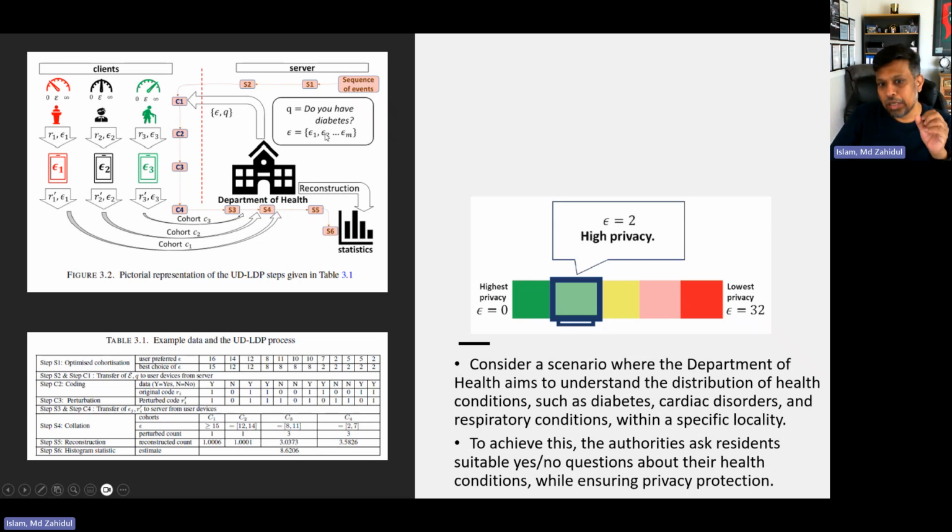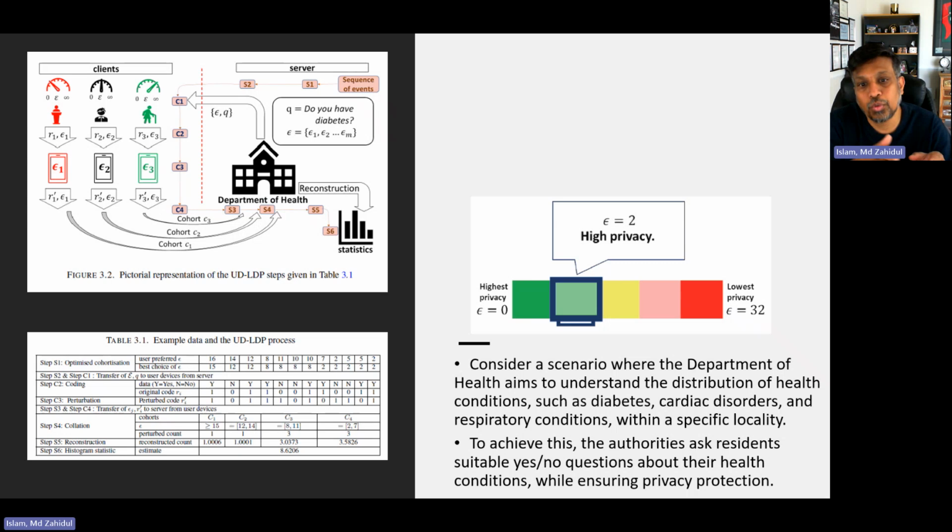But the conventional approaches will choose a single epsilon value. And guess what? Which epsilon value they need to choose to bring the maximum number of participants to the survey so that they participate in the survey.